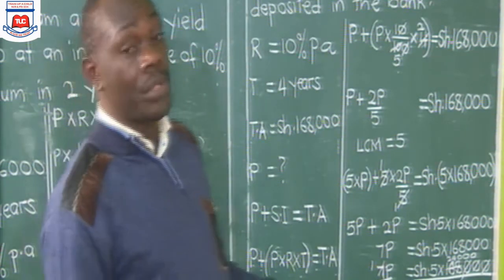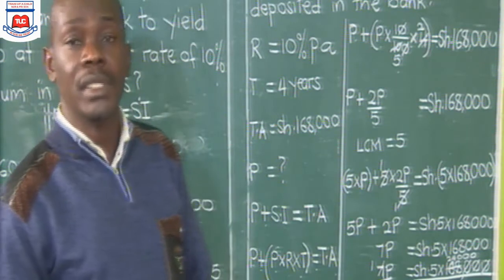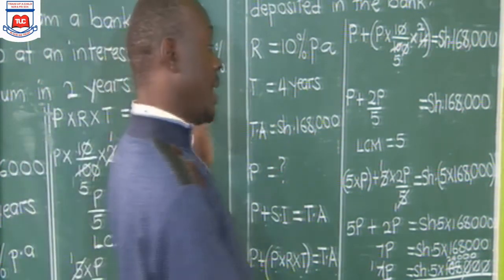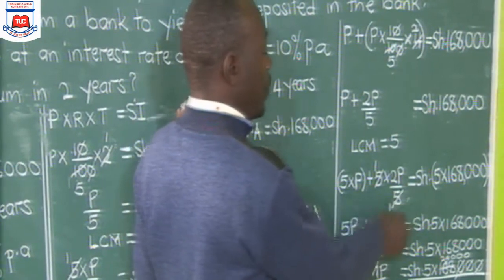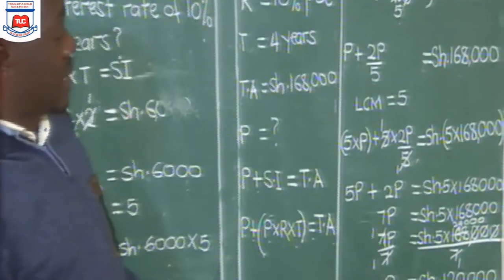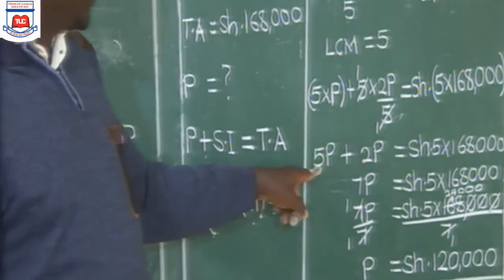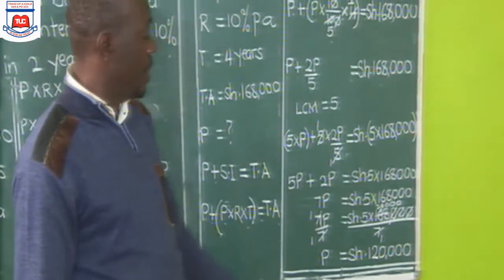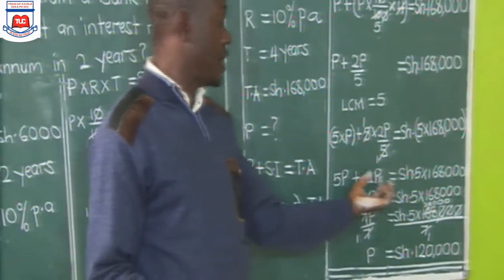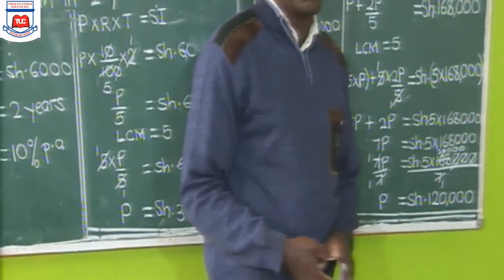The use of the LCM is to do away with the digit down, which is called a denominator. By 5 once, by 5 once, then get the products. 5 times P is 5P, 1 times 2P is 2P, hence we have 5P plus 2P equals 5 times 168,000 shillings.